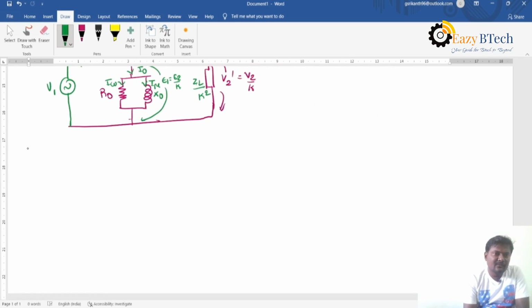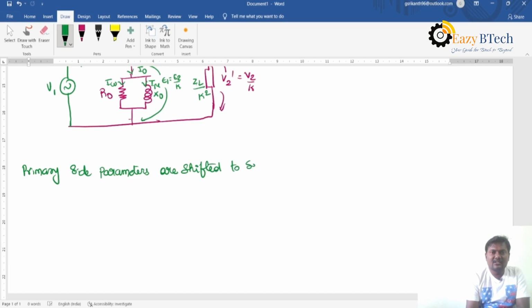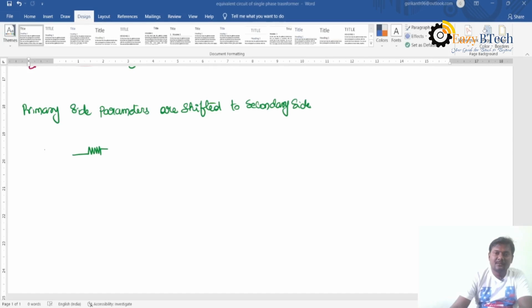Suppose the primary side parameters are shifted to the secondary side.